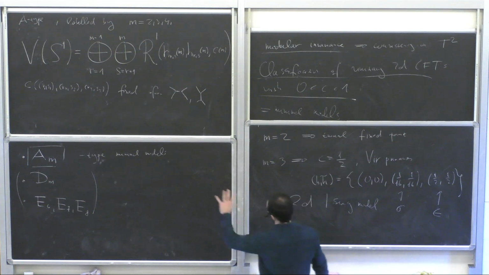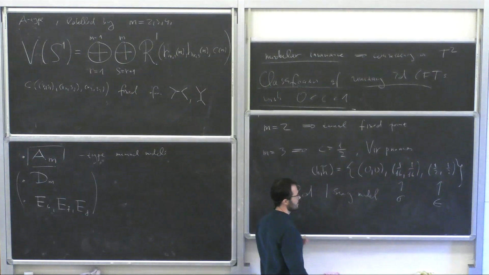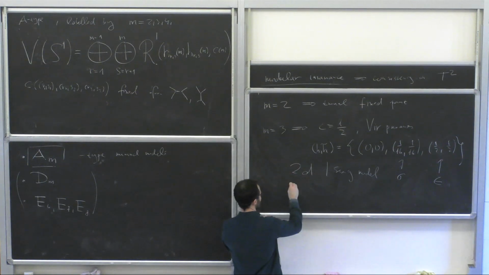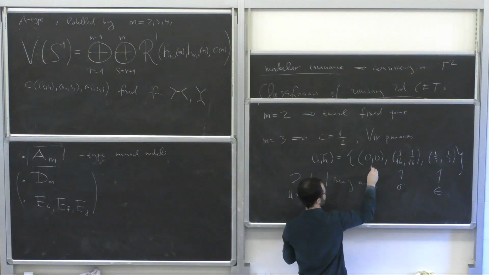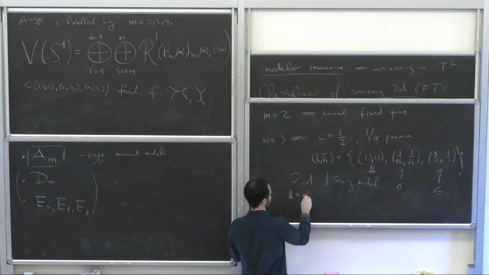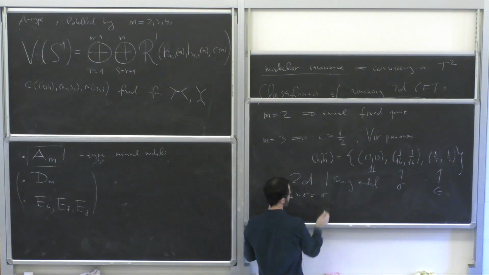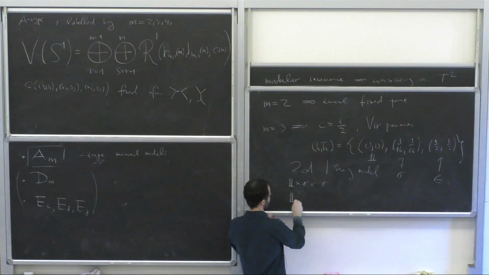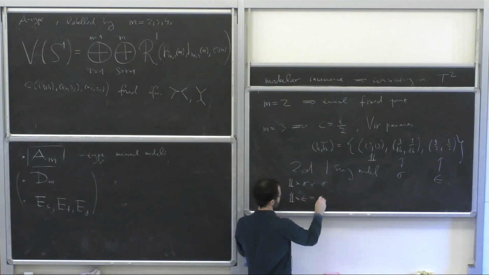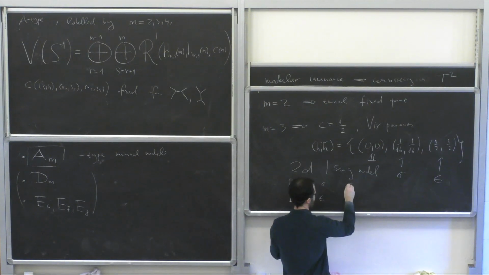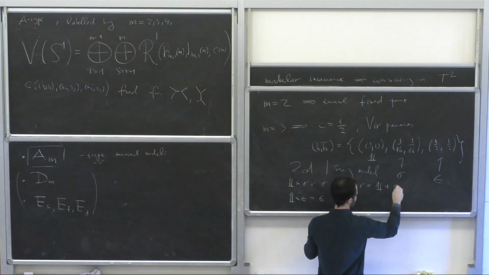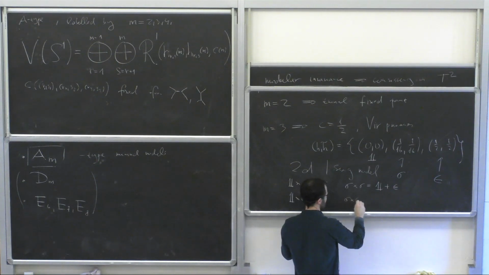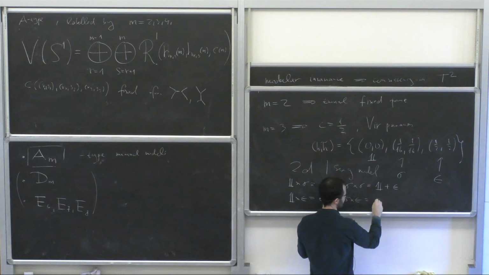And the selection rules, the fusion rules, which I was writing about before, amount to the statements that, so this is the identity. When you take the OPE of identity with sigma, you have sigma. OPE of identity with epsilon, you get epsilon. Sigma, sigma gives you 1 plus epsilon. Sigma, epsilon gives you just sigma.